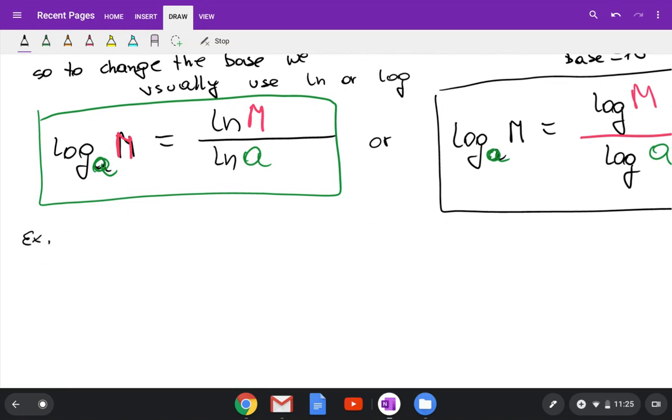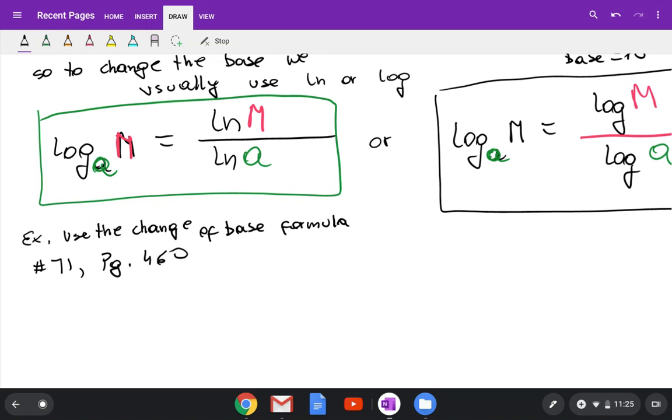Example, use the change of base formula. Okay, and this is number 71 from page 460. So you need to evaluate that on a calculator.